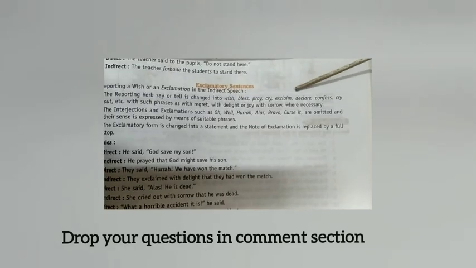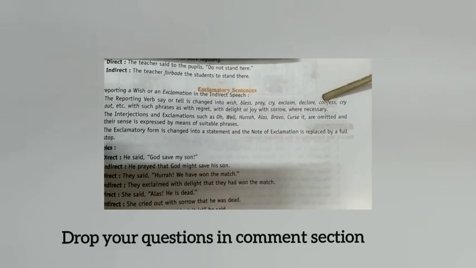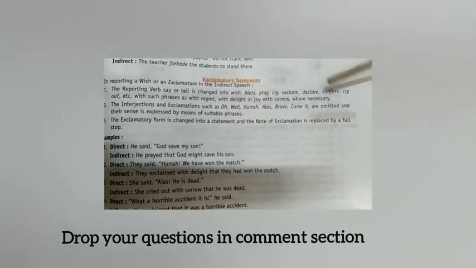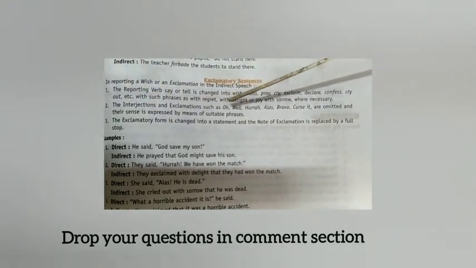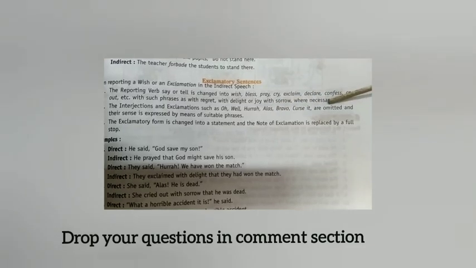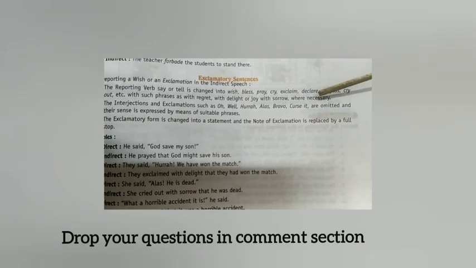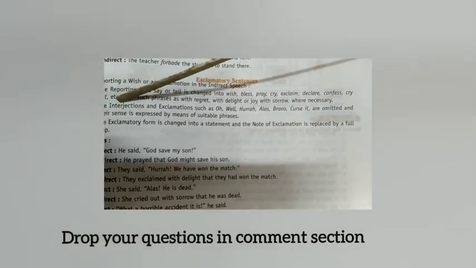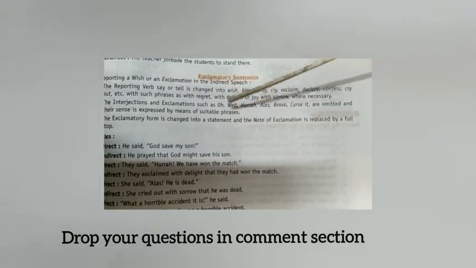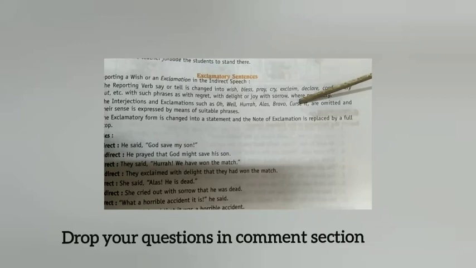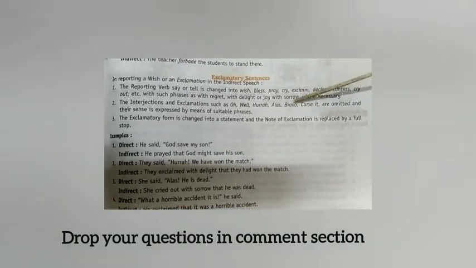So if happiness is described, then we will use words related to happiness. If sorrow is described, then we will use words related to sorrow. Secondly, the interjections and exclamations such as oh, well, hooray, alas, bravo, curse it, are omitted and their sense is expressed by means of suitable phrases. So in indirect we don't use these words, we replace them with words which describe their sense.